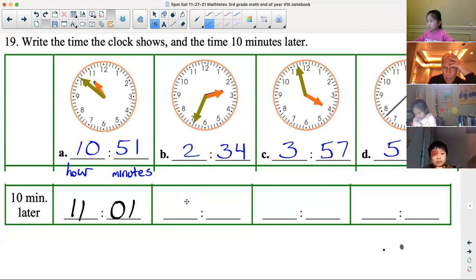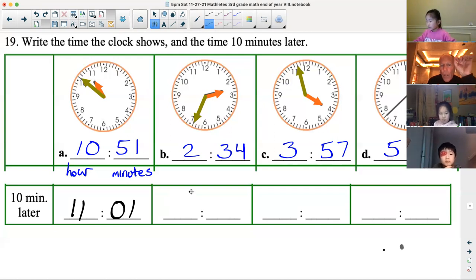Eleanor, what would be 10 minutes later than 2:34? And if you want some help, just say, need a little help. And try to do this on your own.